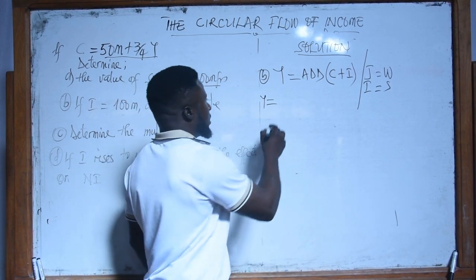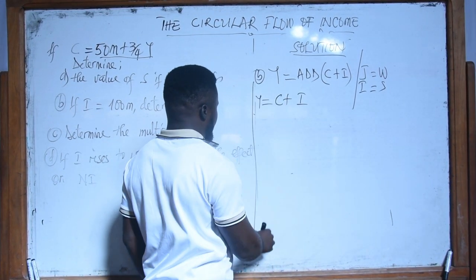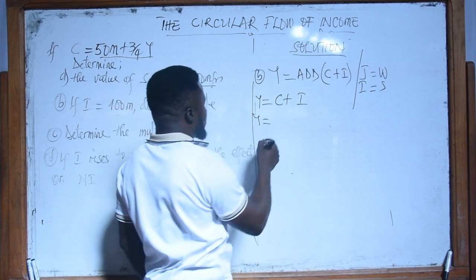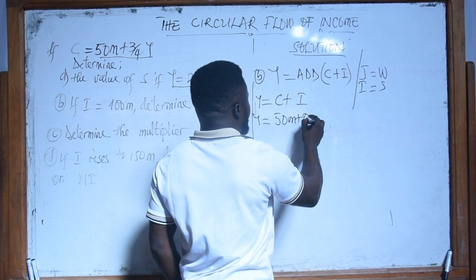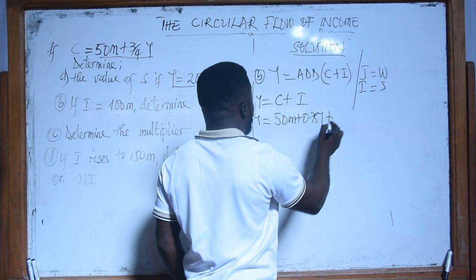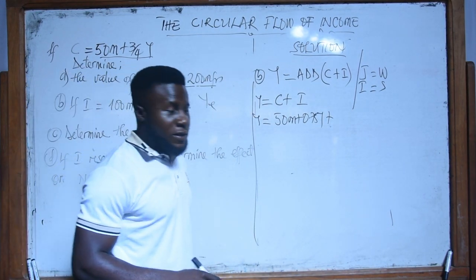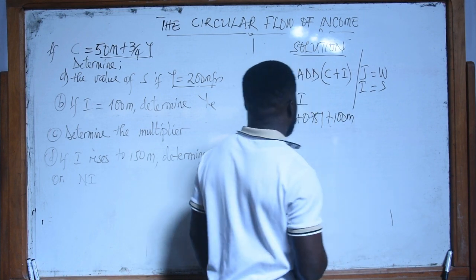Y is equal to C plus I. Our C is the consumption function, 50 million plus 0.75Y, plus investment. They told us to assume that investment is 100 million.